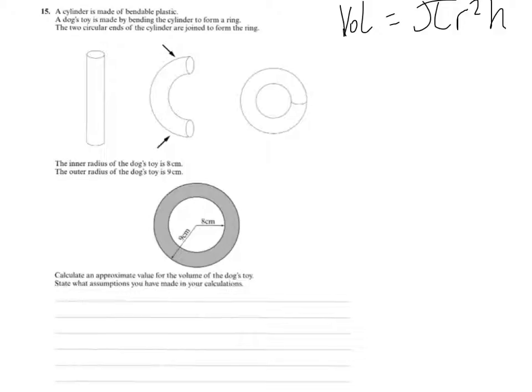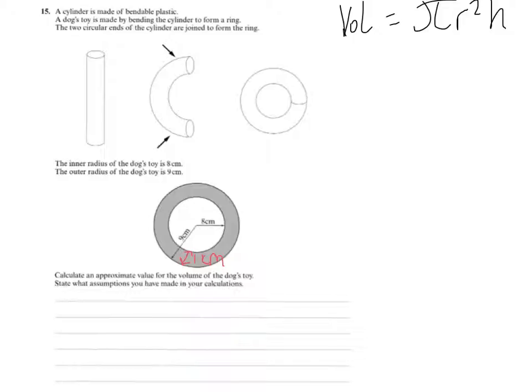So if you look carefully at this diagram, this distance here is 8, whereas this distance here is 9. So that means that this distance here will be 1 centimetre, because obviously if that's 8 and that's 9, the difference is 1 centimetre.